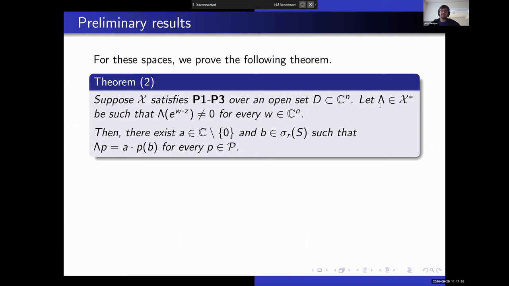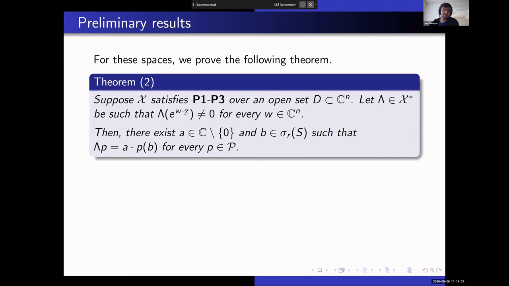And I pick a bounded linear functional lambda such that its action on these exponentials e^{w·z} is non-zero for each w. Note that w and z are both vectors in C^n, and this dot represents the dot product, but I'll just use wz for the sake of simplicity.